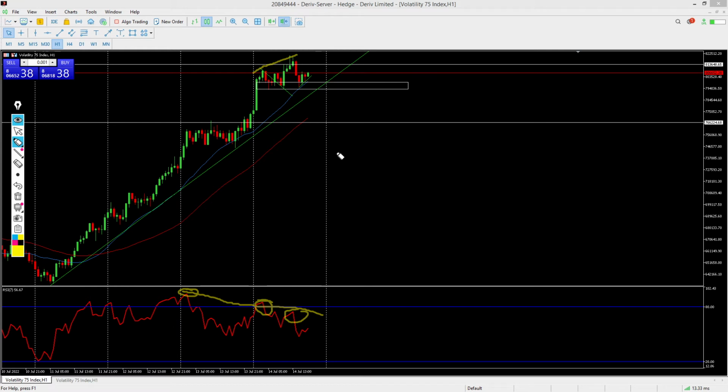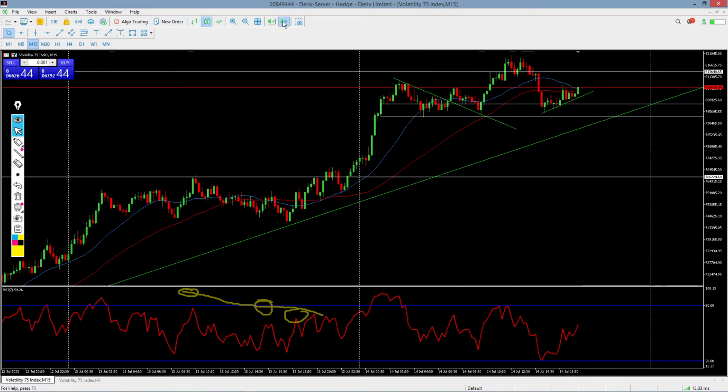I will wait for price to come to the downside and close under our area. It's important that price closes under it. Don't try to take a trade while price is still in the process of continuing to the downside. Price will just spike and reverse on you, because the market is really volatile, guys. That is why it's best to wait for proper confirmation before you execute on any trading position.